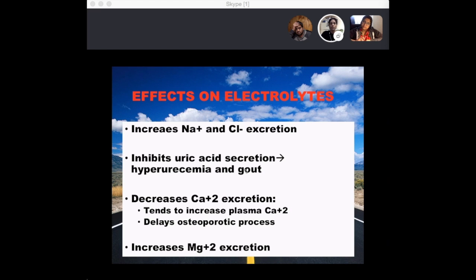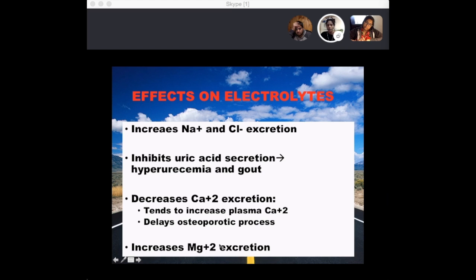The general effects of thiazides on electrolytes: it increases sodium and chloride excretion. It inhibits uric acid secretion, hence an adverse effect is hyperuricemia and gout. It decreases calcium excretion and tends to increase the plasma calcium, hence delaying osteoporotic processes.